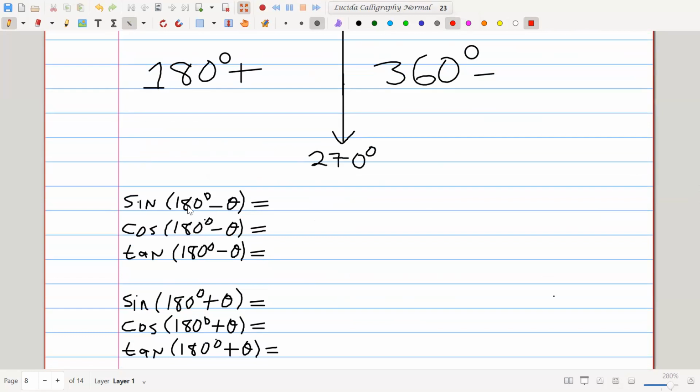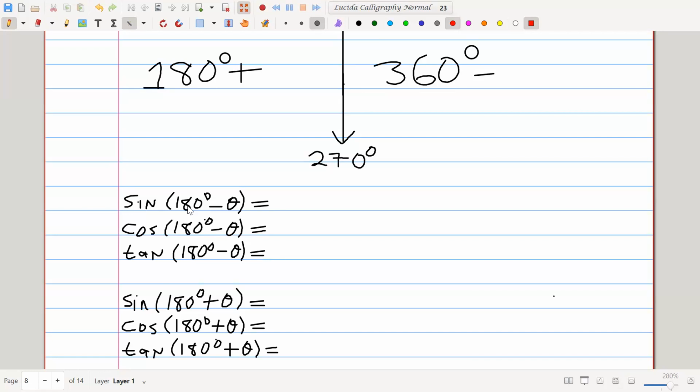So let's look at this one now. How would you write sine of 180 degrees minus theta as a single ratio, in terms of just theta? It's very simple, but you'll have to pay attention to the quadrant. You have 180 degrees minus theta. That means you are referring to the second quadrant.